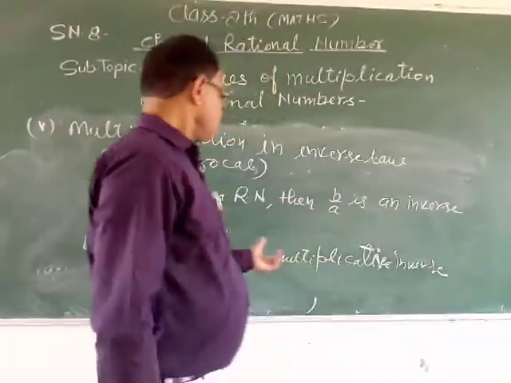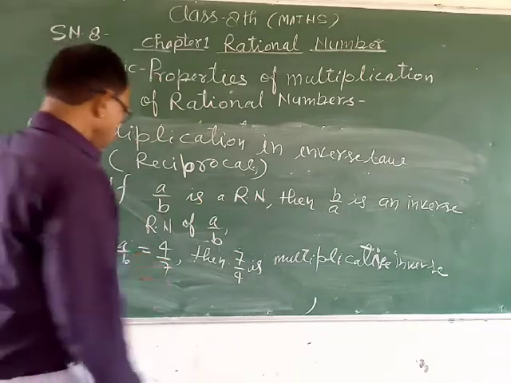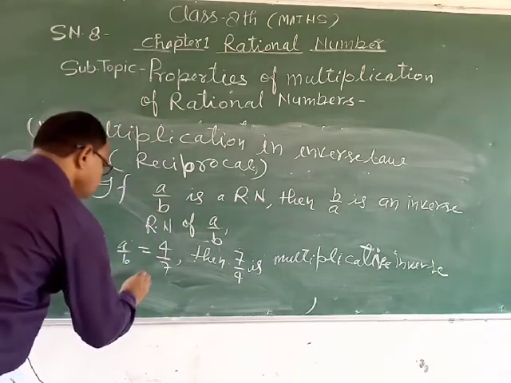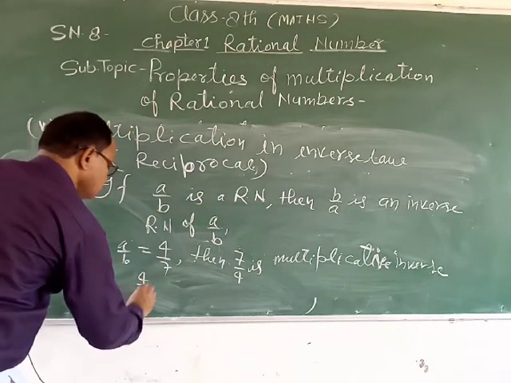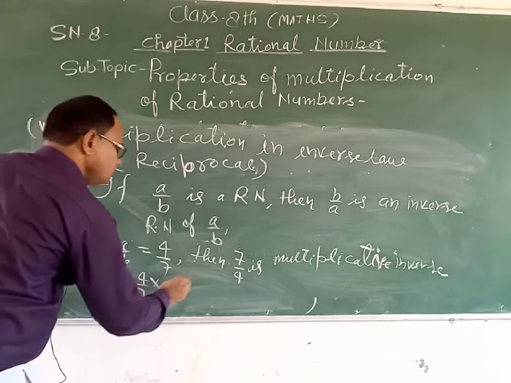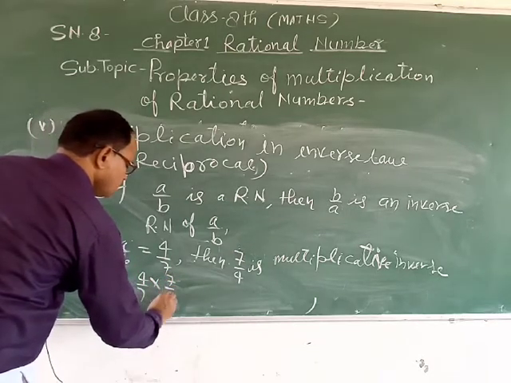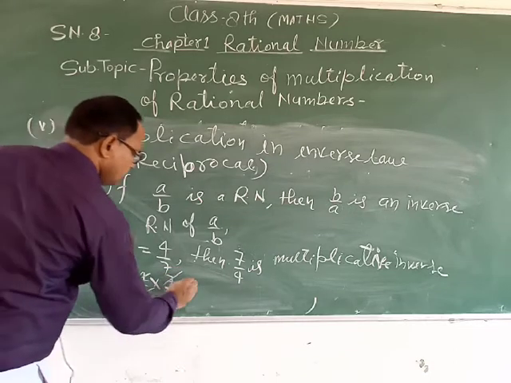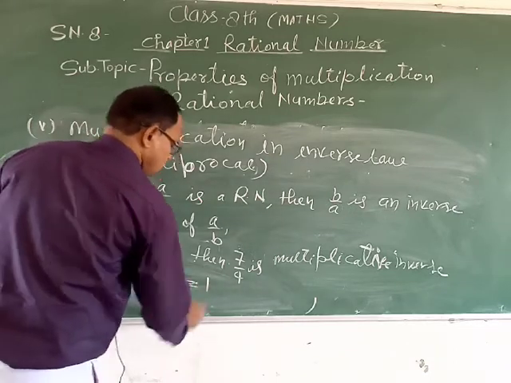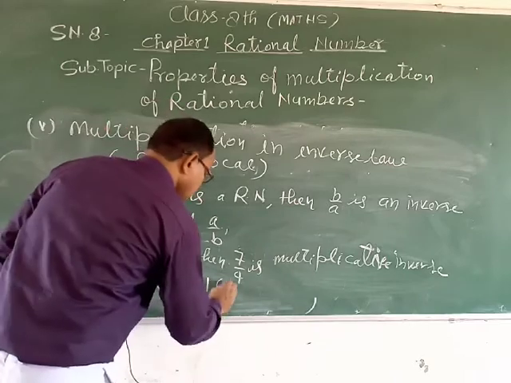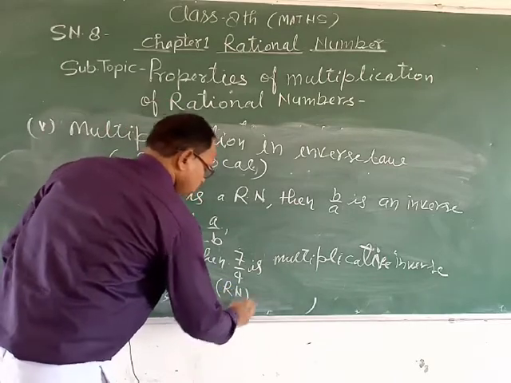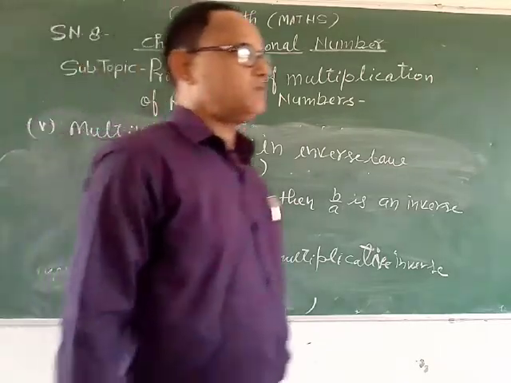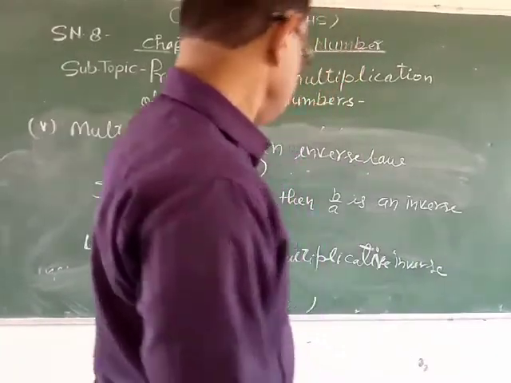Okay, student, and we can write here during the multiplication we get 4 by 7 into 7 by 4. Okay, cancel all, we get 1, and 1 is also a rational number, because one is an integer, and all integers are rational numbers.